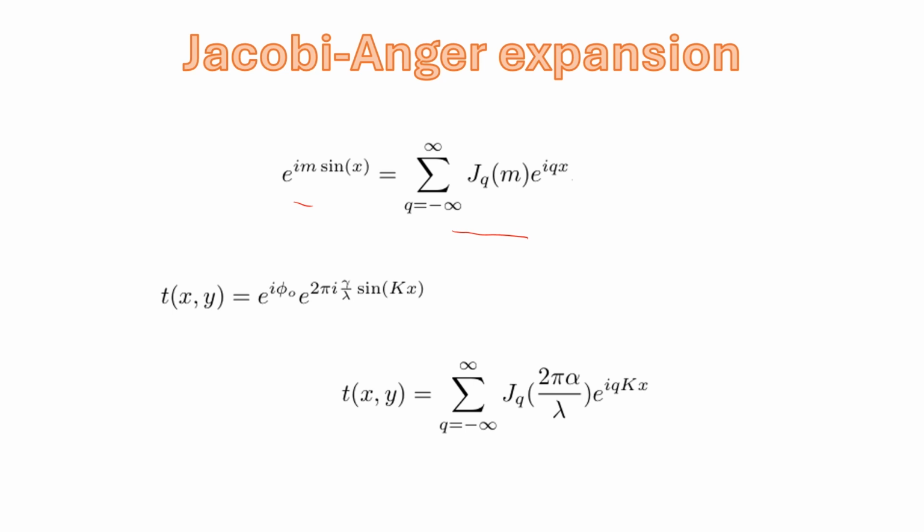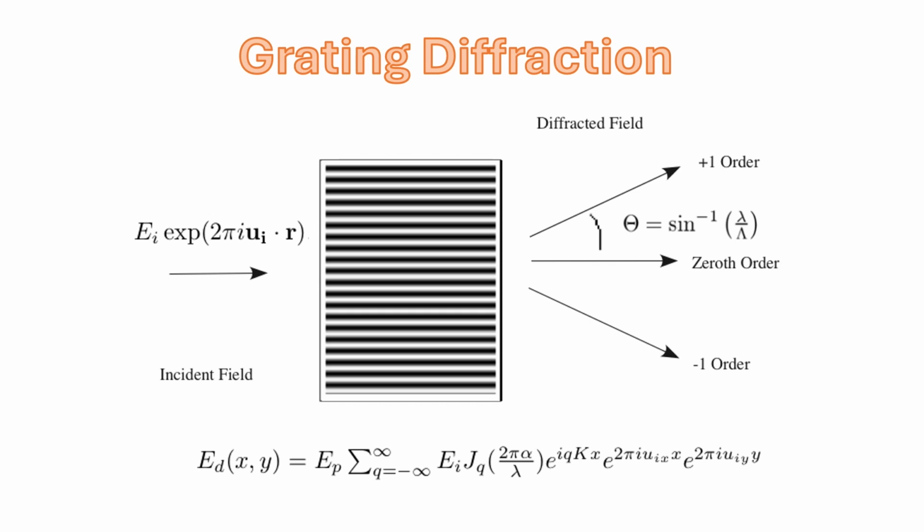And now the diffracted field is the incident field times this transmittance function, and the transmittance function has multiple periodic components. And so what happens is the incident wave comes in and it gets diffracted into multiple orders, where each order has a component of the grating wave vector, which is k here.